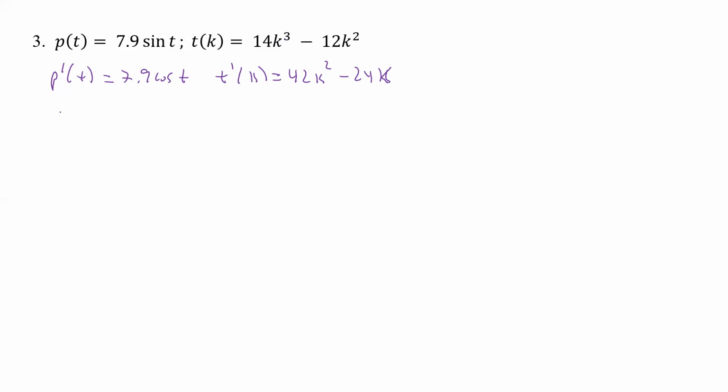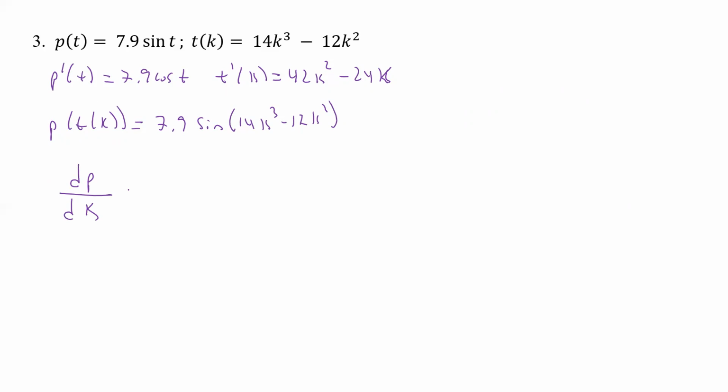And what we're looking for is we had P of T of K. And so that was really 7.9 sine of 14K cubed minus 12K squared. So that was my original function that I have to take the derivative of. And so that means I'm looking for dp dk, because I'm going to have that and that.